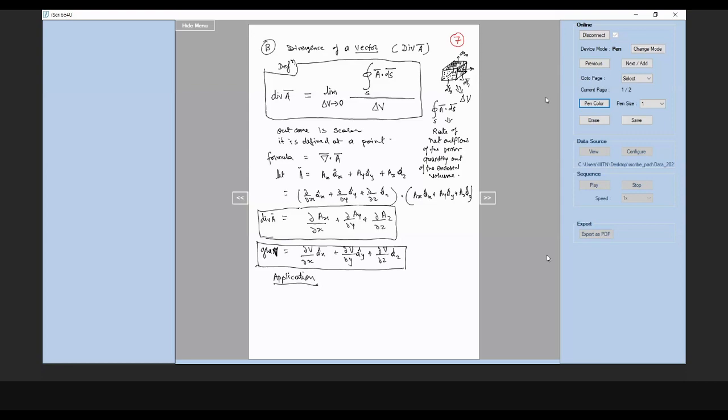Am I audible? So what can be the application, or in other words, the practical or physical significance of computing divergence? Why is there a need to compute divergence at all? I just want to stress this concept. What happens is that students mechanically, whenever divergence is asked, know that it is a dot product of the partial differential operator del and the given vector quantity.